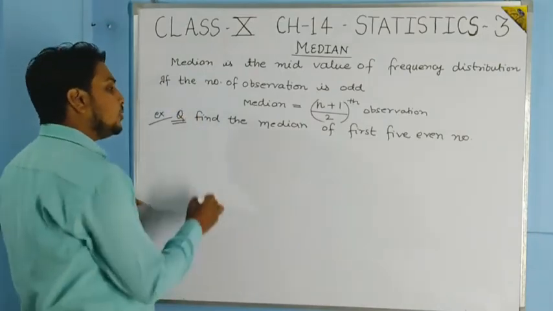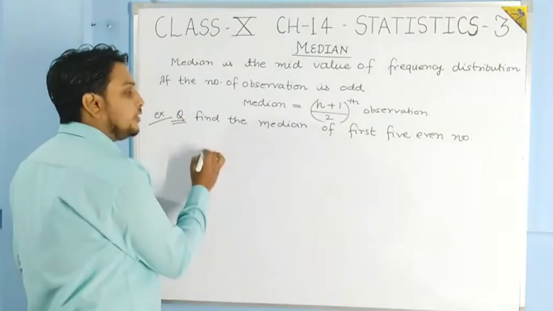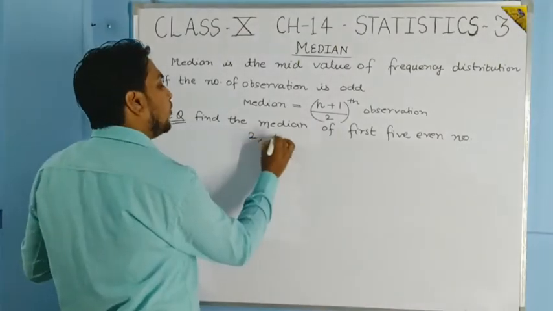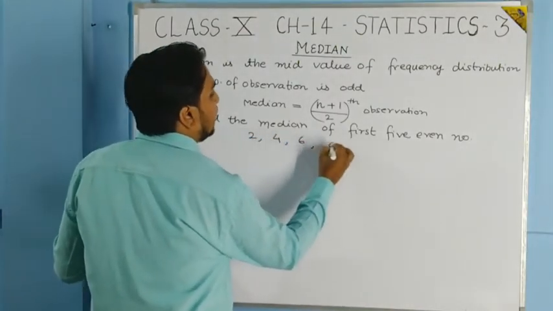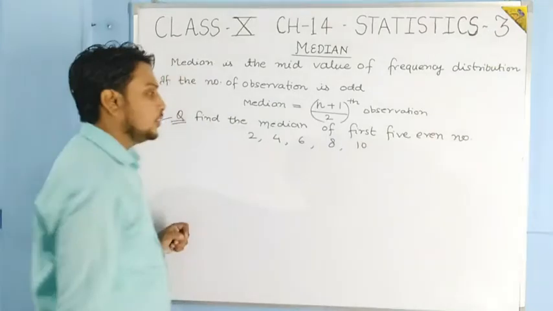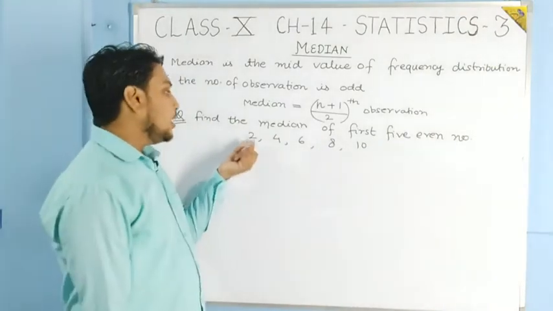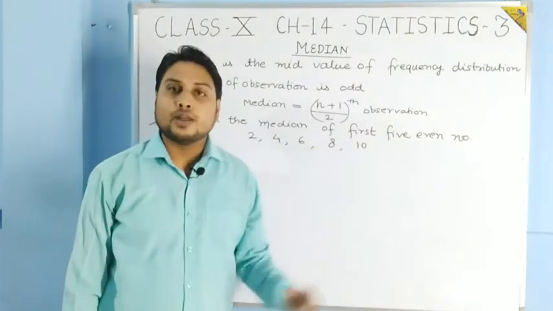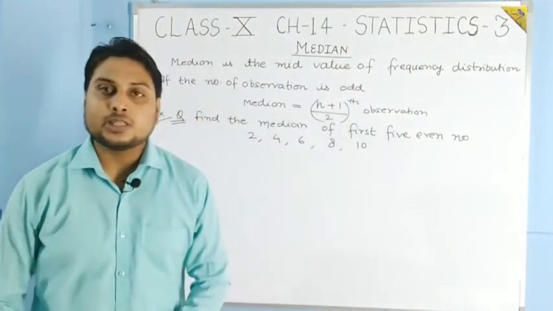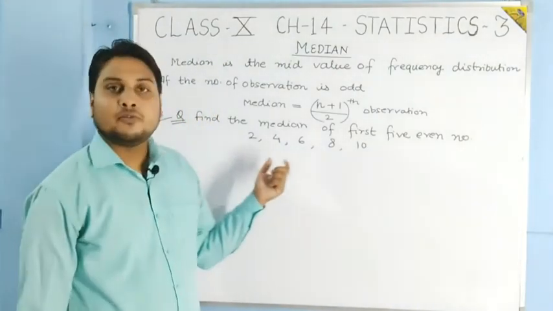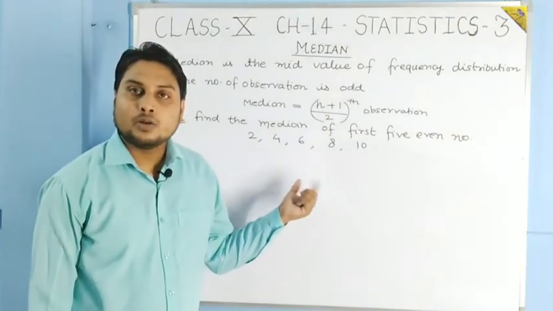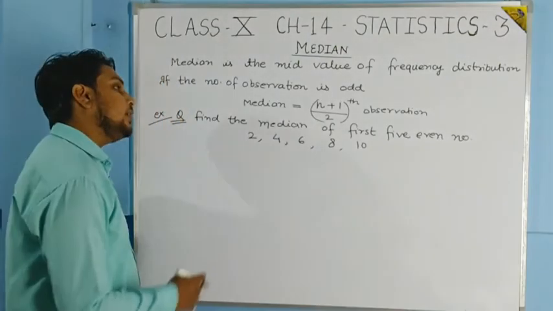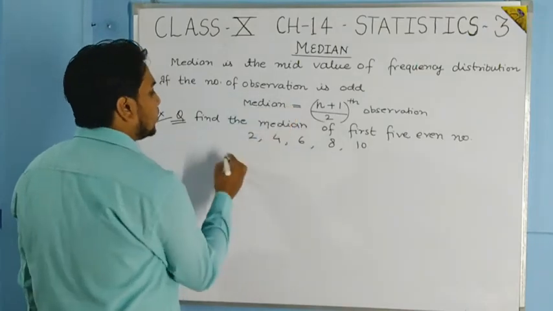So students, we know that the first 5 even numbers are 2, 4, 6, 8 and 10. Okay, see, the number of observations are 1, 2, 3, 4 and 5. 5 observations are there, and 5 is an odd number. Okay, so how can we find the median? We can use this formula.